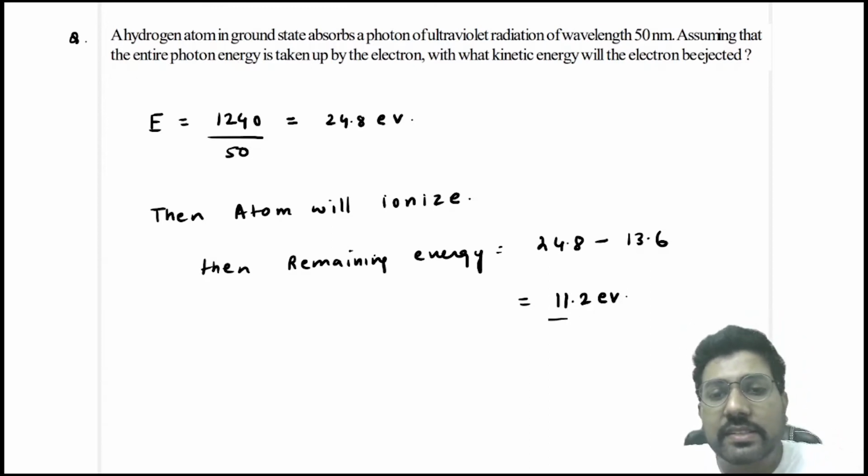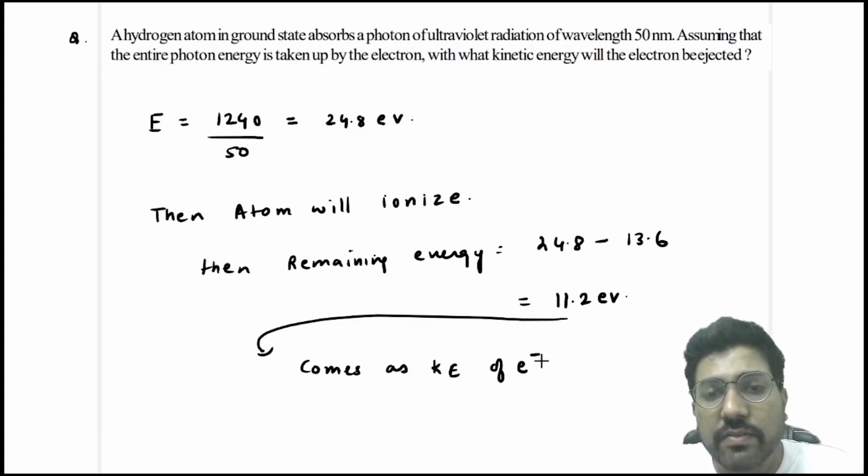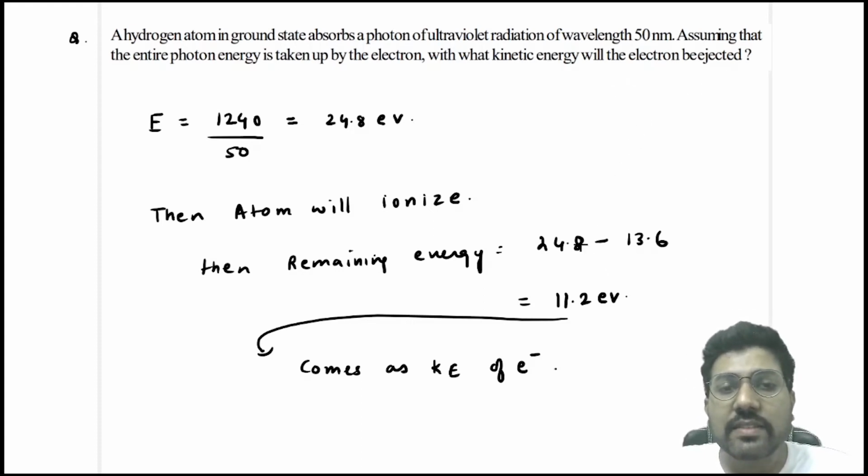This energy comes as the kinetic energy of the electrons. So the kinetic energy of the ejected electron will be 11.2 electron volt.